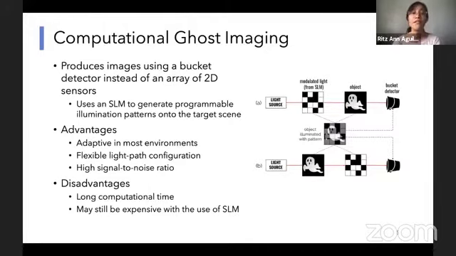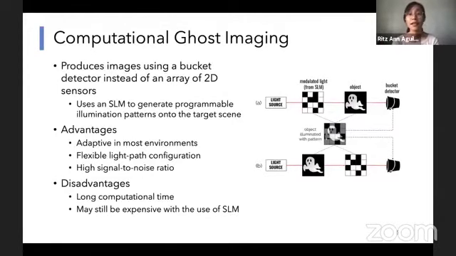So it has several advantages actually over the conventional imaging, which uses detector arrays. So one is that it's adaptive in most environments. Number two, it has a flexible light path configuration. You can have a reflective type SLM, for example, to image a reflective type object instead of a transmissive one. It's capable also of non-line of sight imaging.